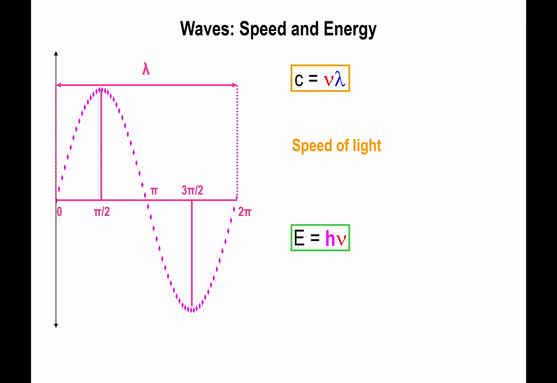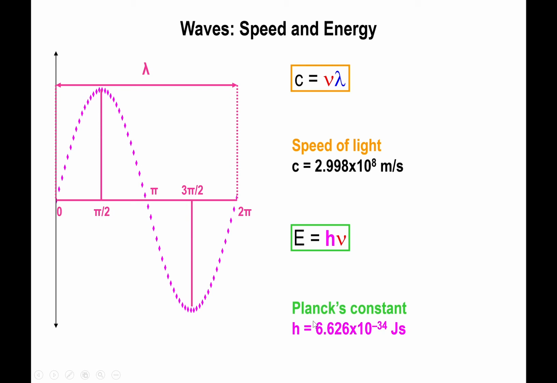But the idea is pretty much this. Yes, c is the speed of light, h is Planck's constant, and the speed of light is equal to 2.998 times 10 to the 8 meters per second, whereas Planck's constant is 6.626 times 10 to the negative 34 joules times second. Now, future calculations, I'm going to provide you with those numbers.